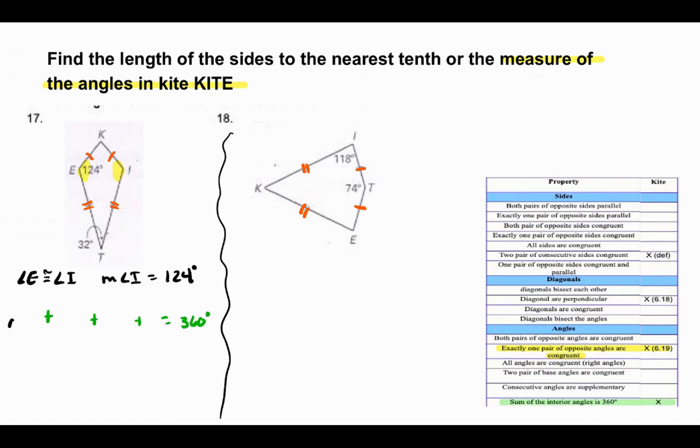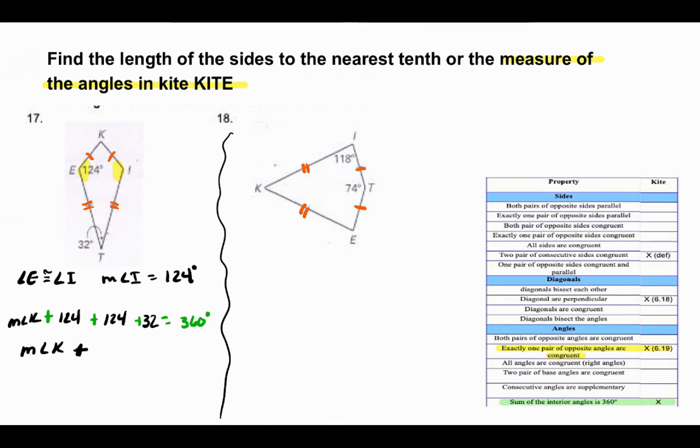So we have our measure of angle K. We have the 124 for angle E, 124 for angle I, and we have the 32 for the measure of angle T. So my measure of angle K is going to be added to these.